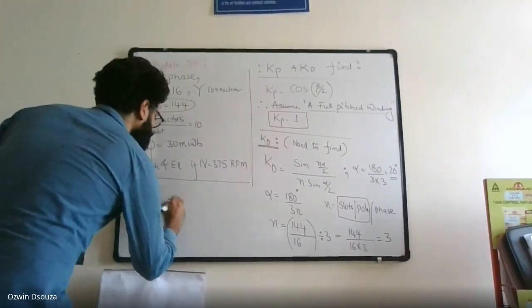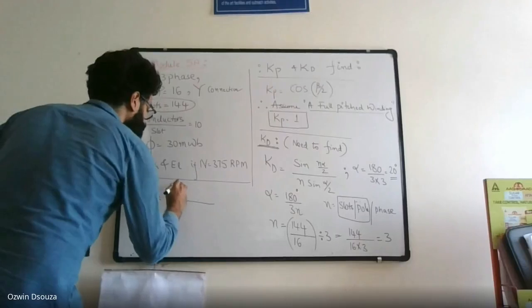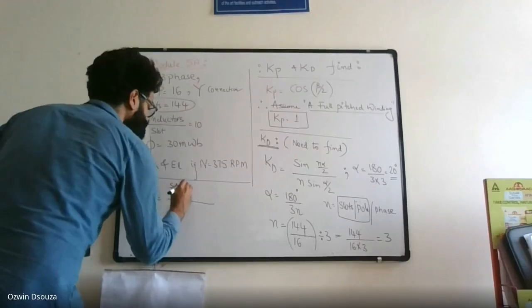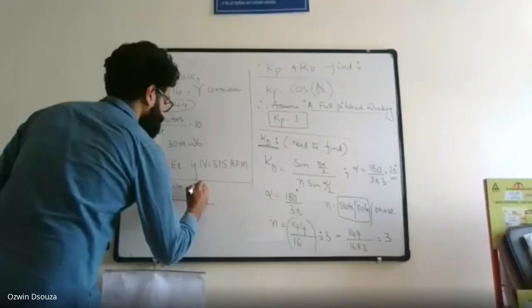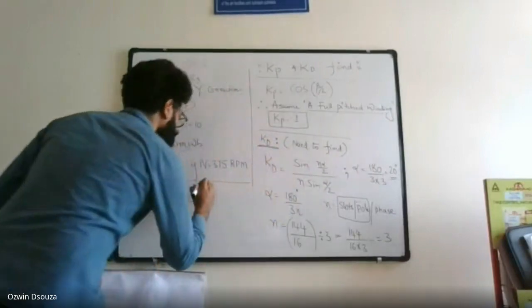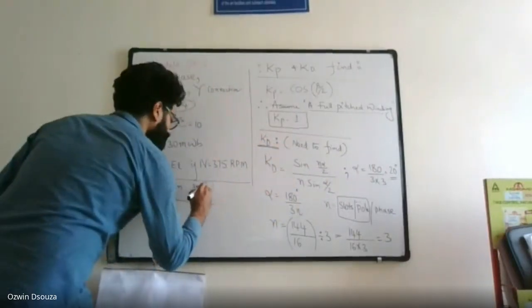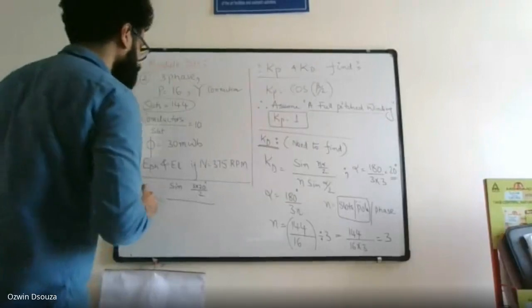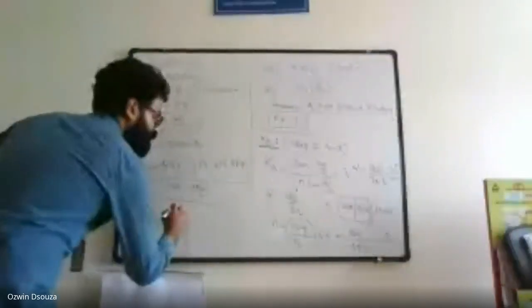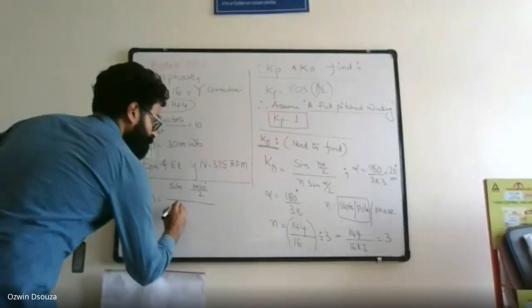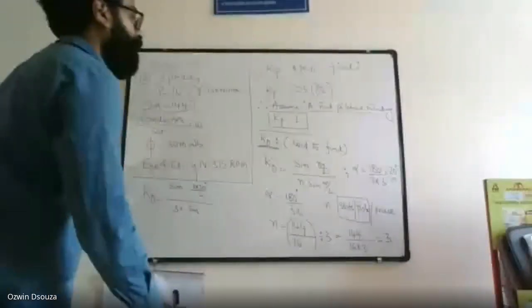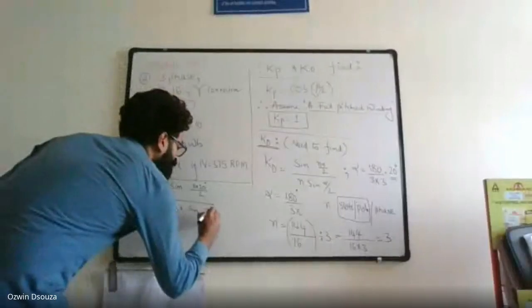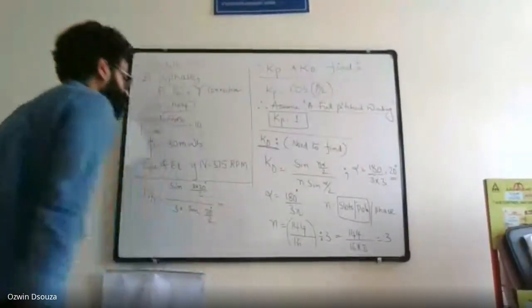Did you find the Kd value? So it is sine of n alpha by 2 divided by n sine alpha by 2, that is 3 into alpha 20 divided by 2, divided by n into sine alpha by 2, that is 20 degree divided by 2.